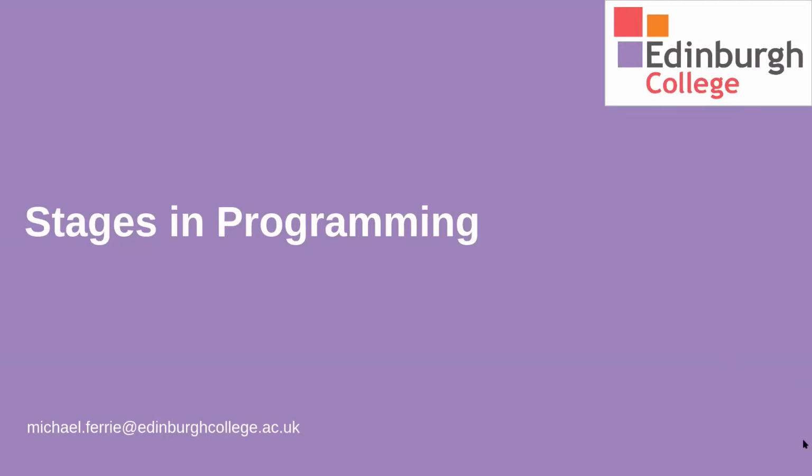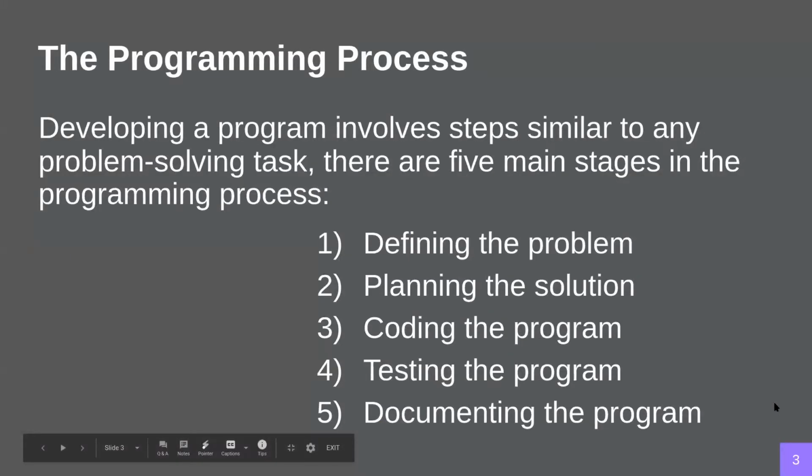The stages in programming are not set in stone. There is no IEEE standard of stages, but here I've attempted to divide the programming process into 5 stages. Developing a program involves steps similar to any problem-solving task.